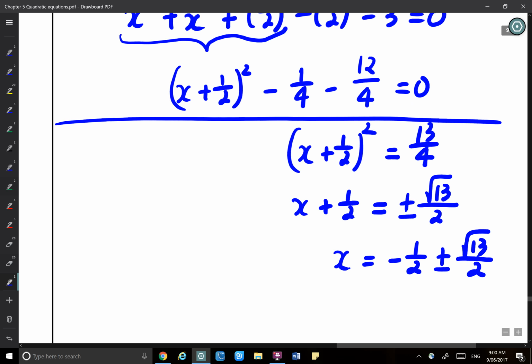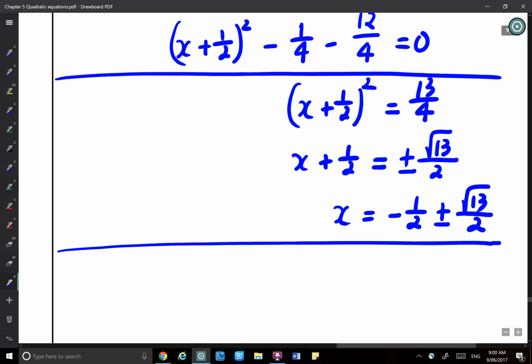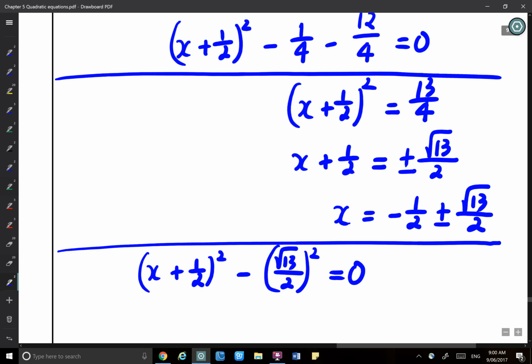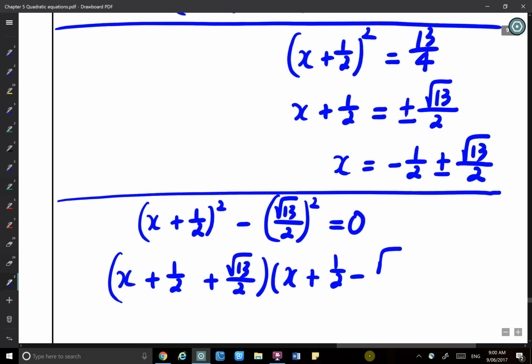Or we can do x plus a half squared minus root 13 over 2 squared equals 0. X plus a half plus root 13 over 2, x plus a half minus root 13 over 2 equals 0.